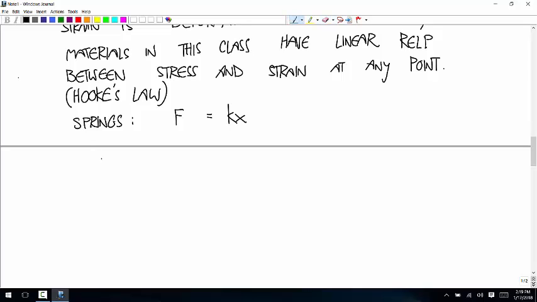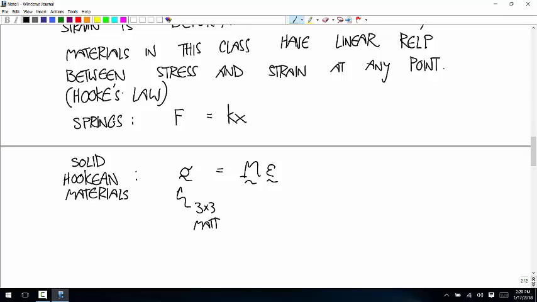For this class, if we're talking about Hookean materials, we're going to see that the stress, and I'll write it as the stress tensor, is equal to some matrix M times the strain. So this is a 3x3 matrix.